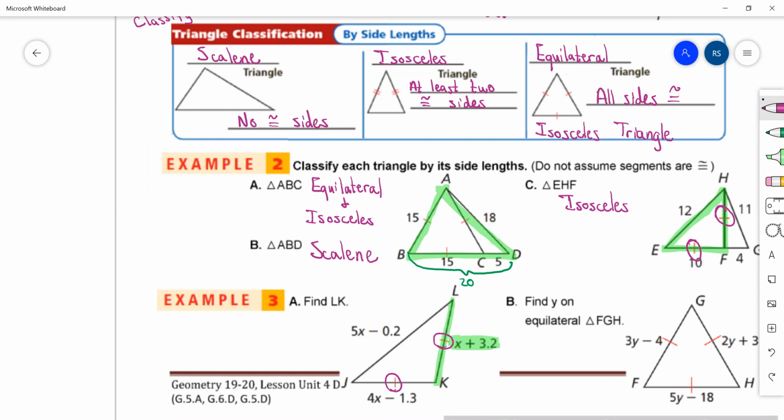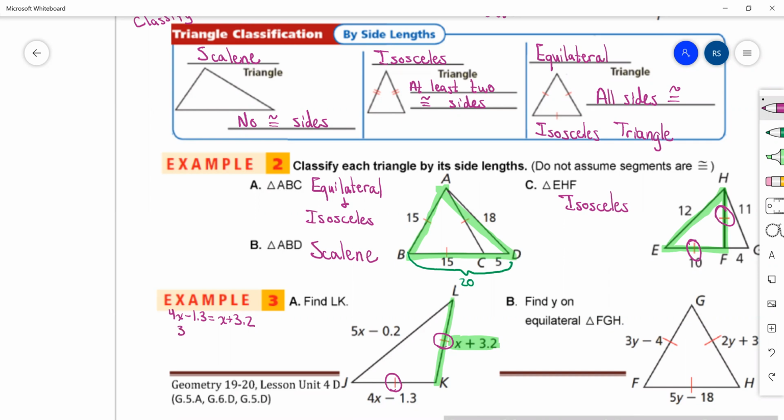So I can say 4x minus 1.3 equals x plus 3.2. I don't, unfortunately, have the room to squeeze all my work on, but know that I'm going to move my x over.